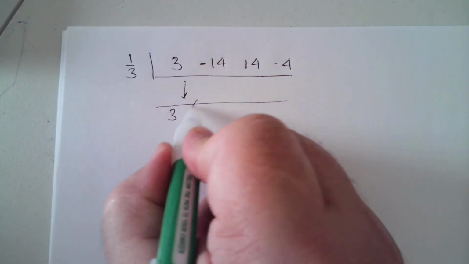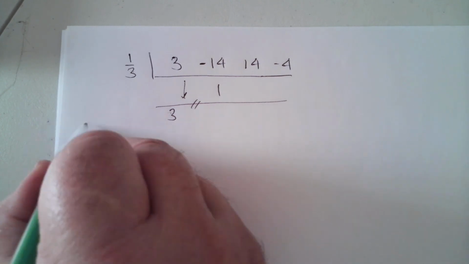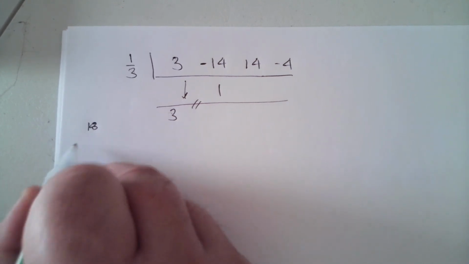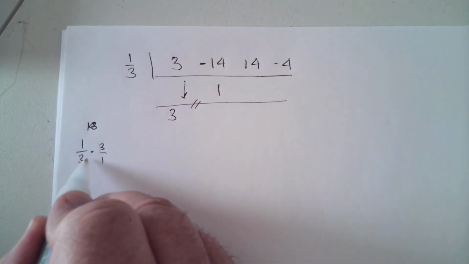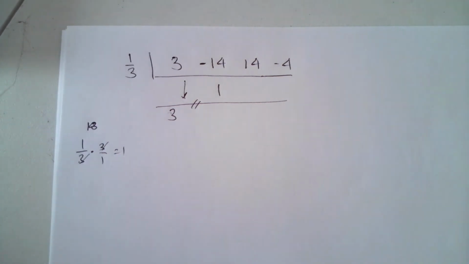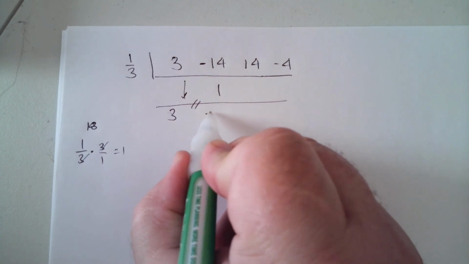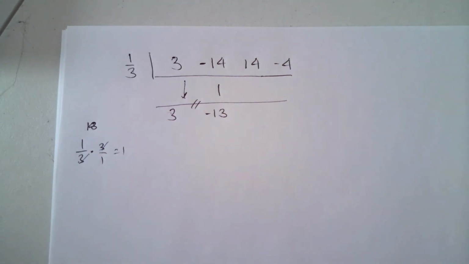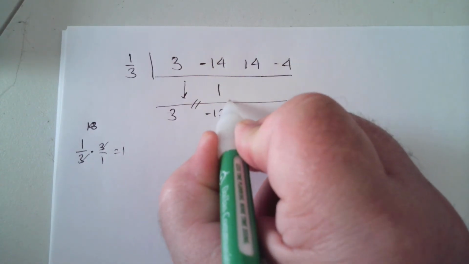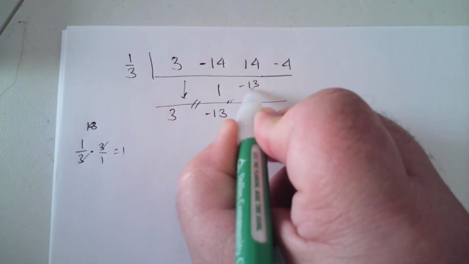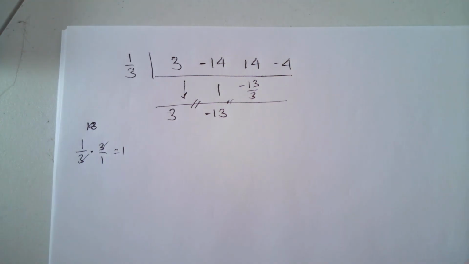One-third times 3 is 1. 1/3 times 3, which is 3 over 1, the 3's cancel, it's just 1. Add these, I get negative 13. Negative 13 times 1/3 is negative 13 over 3.